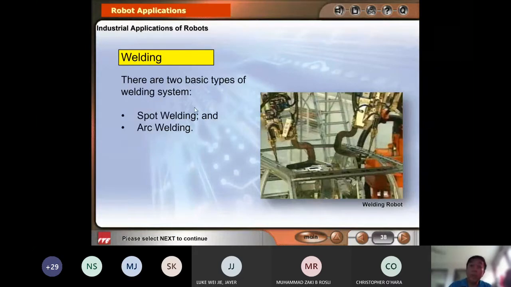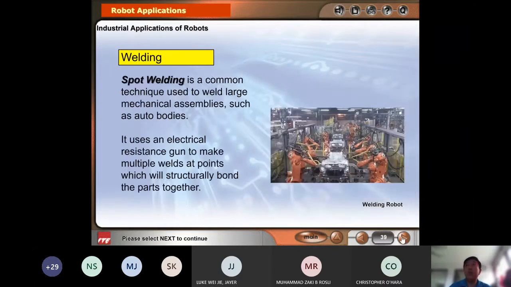So for welding, there are two types. One is called spot welding, one is called arc welding. What are the differences? First, this is called spot welding. If you take a look at this picture, I think it's moving on your screen also. You can see this robot go to a spot, stop, and spark, then go out and go to another spot. This is what we call spot welding.